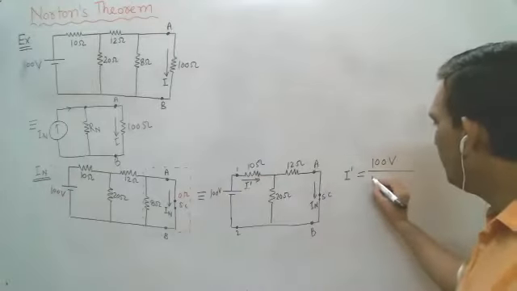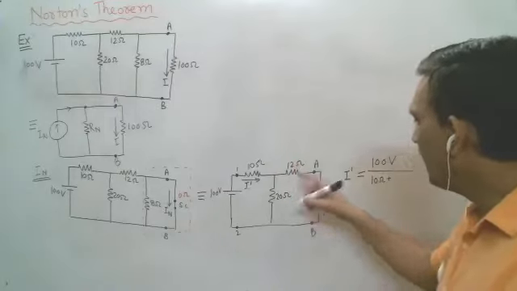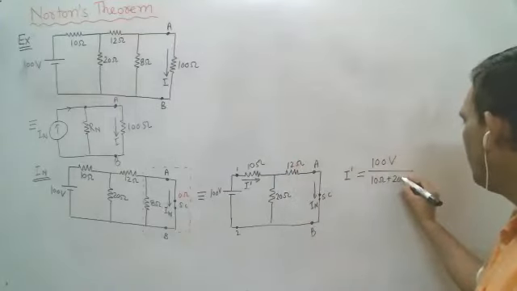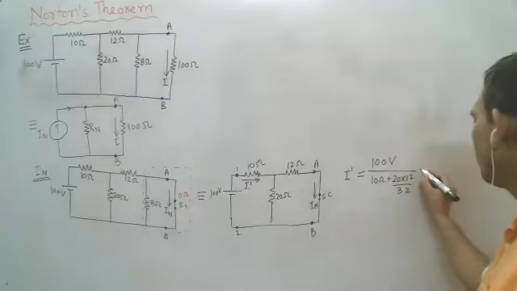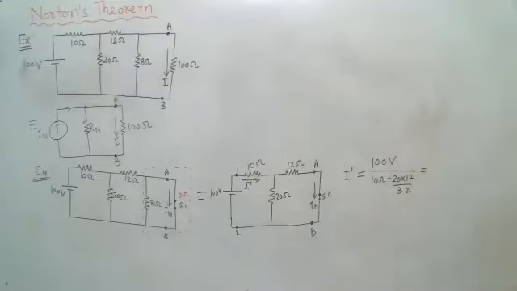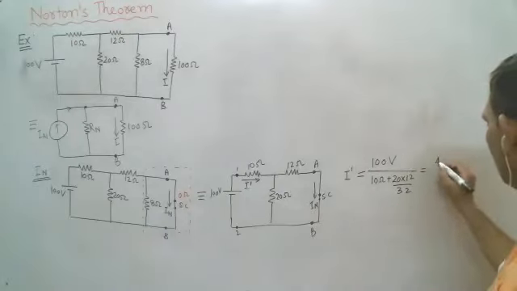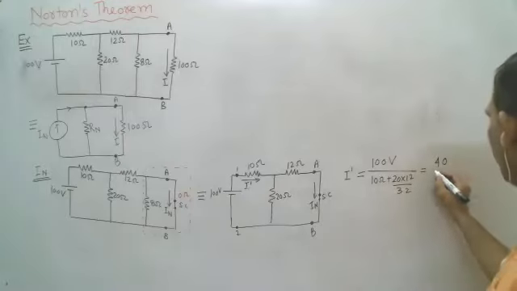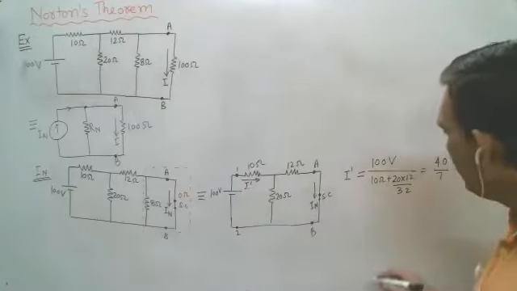So the equivalent will be 10 ohm plus these two in parallel. So you have 20 into 12 by 32. So calculate this well. If you calculate, this is 40 by 7 ampere. So I dash is 40 by 7.